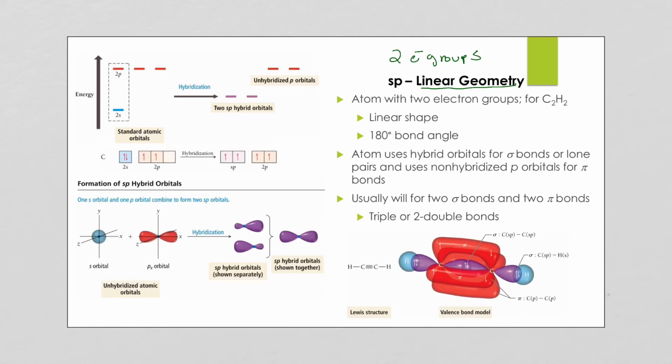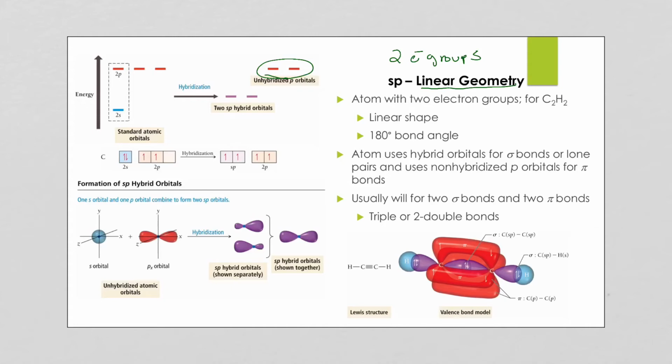And as we might be catching on here, since we're using an s and only one of the p, we're going to be left with 2 unhybridized p orbitals, and we're going to have these 2 hybrid orbitals, and they are going to form in a way that gives us 2 orbitals facing 180 degrees apart from each other, right? So having those bonds as far apart as possible, again, the bonding environment, we have 2 electron groups.